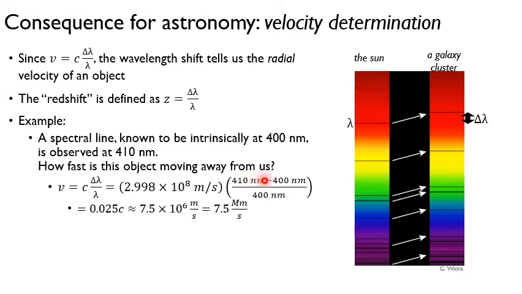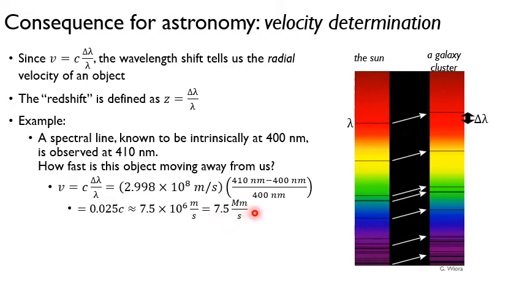We can then divide 10 by 400, that's 0.025. And we see that the velocity this object is moving is 2.5% of the speed of light, which you can calculate in terms of a velocity with units of meters per second. It's about 7.5 million meters per second, or 7.5 megameters per second, so pretty fast.